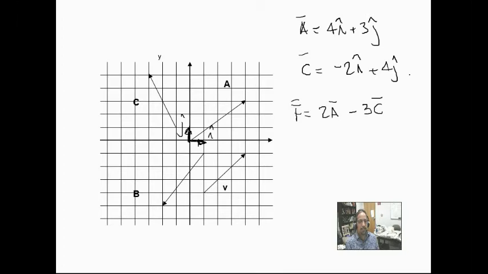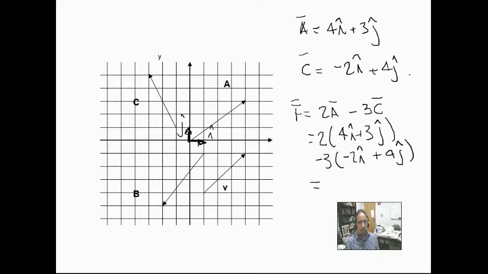You can do this graphically, but it's easier to do it algebraically. So let us expand this. Very simple: 2 times (4i plus 3j) and minus 3 times (minus 2i plus 4j).